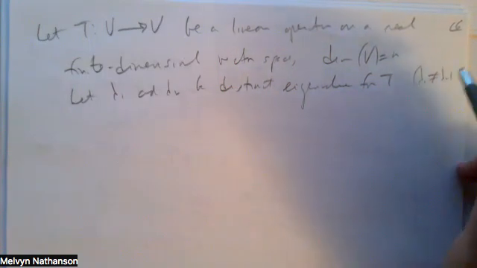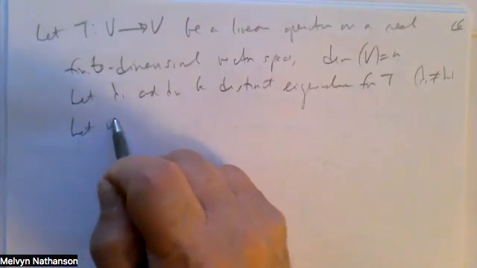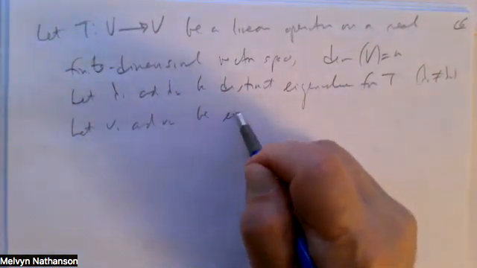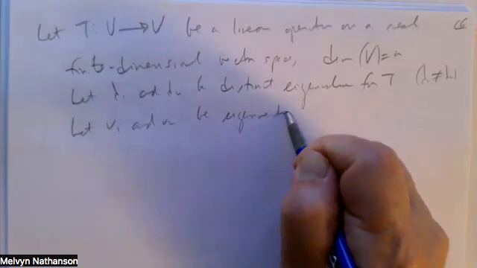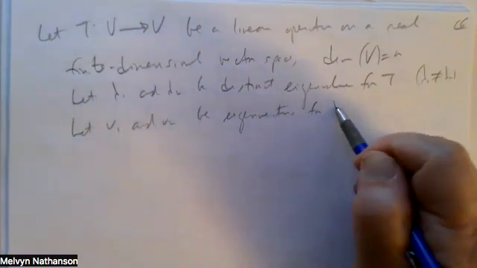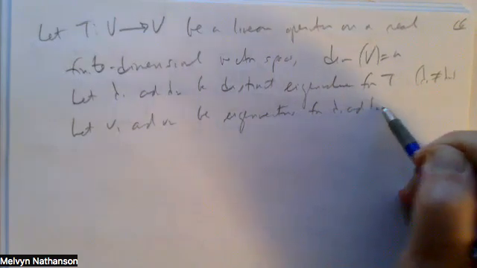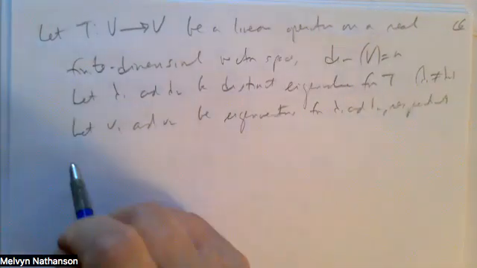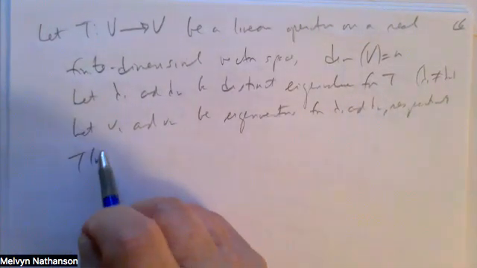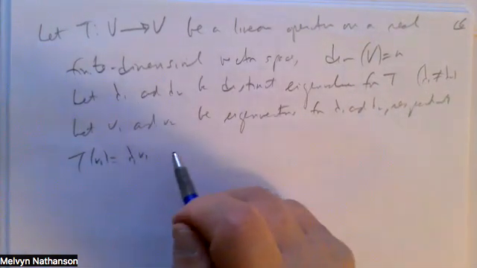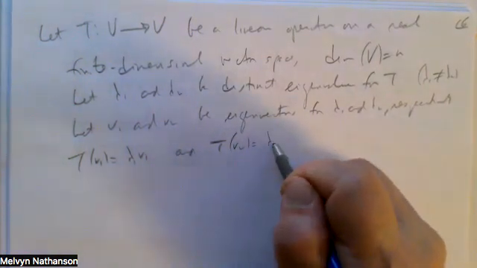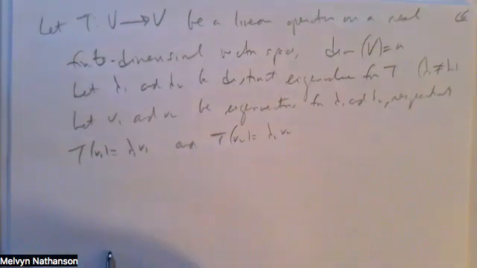Lambda 1 is different from lambda 2. Let V1 and V2 be eigenvectors for lambda 1 and lambda 2, respectively. That means that T of V1 is lambda 1 V1, and T of V2 is lambda 2 V2.